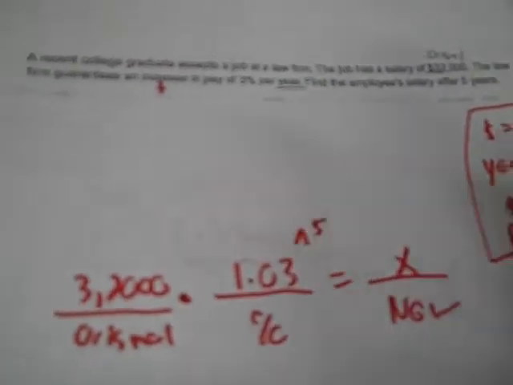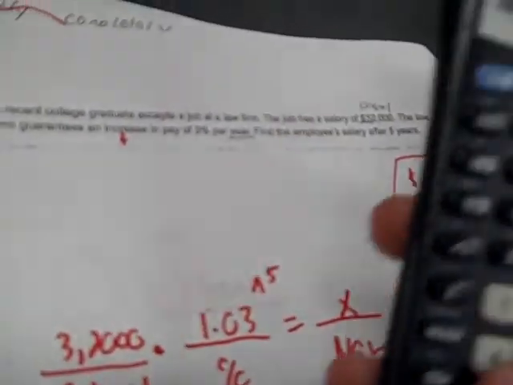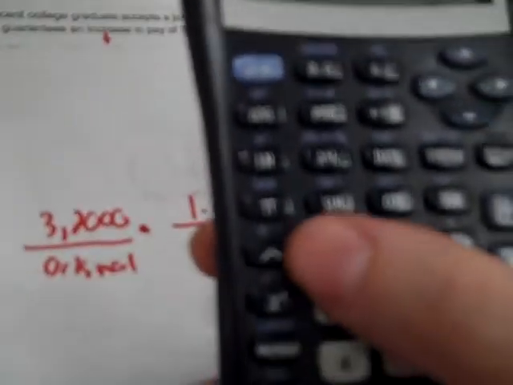Okay, now 32,000 is the original amount, and I need to find the new amount. Okay, you just multiply with the caret button. 32,000 times 1.03 caret button, 5th power. Okay, I get 37,096.